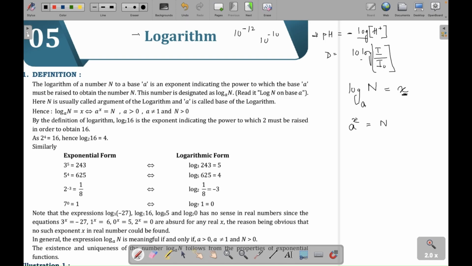Okay, so you are trying to find the power to which you raise a number so that you get the given number. This is the base, and this is the exponent. So log is basically the exponent.